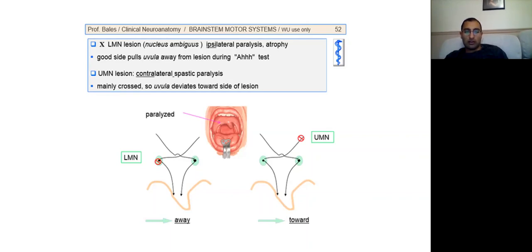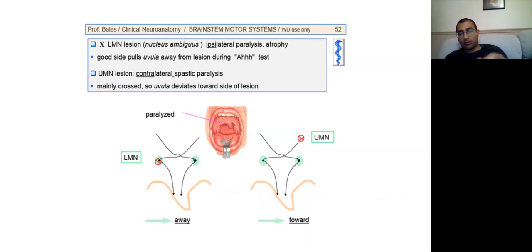So, classically, in a lower motor neuron lesion, so a lesion of the nucleus ambiguus or the nerve, what we get is the uvula deviates towards the healthy side. So the damaged area is no longer working, so the other side, the muscles are working, so it pulls the uvula towards it, so the uvula deviates away from the side of the lesion, as you can see in the diagram.